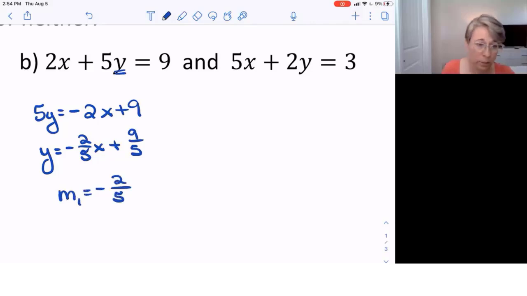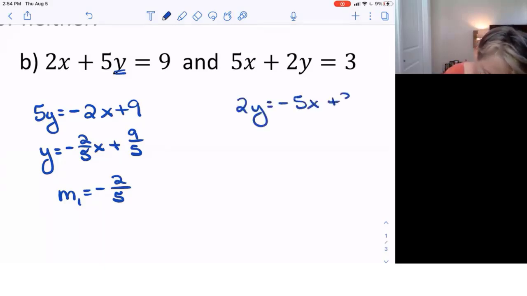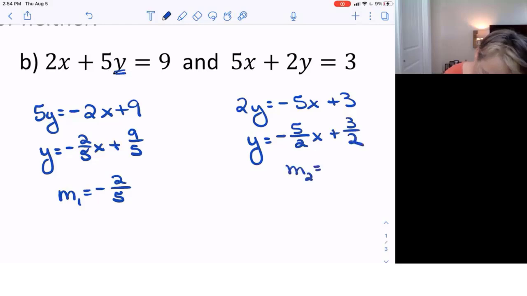On the second equation, again, we're going to subtract 5x from both sides. So we get 2y equals negative 5x plus 3. Divide everybody by 2. We get negative 5/2 x plus 3/2. So this slope is negative 5/2.